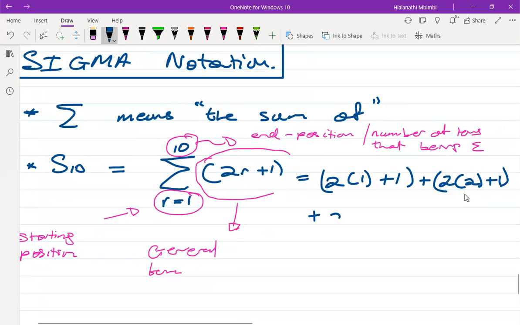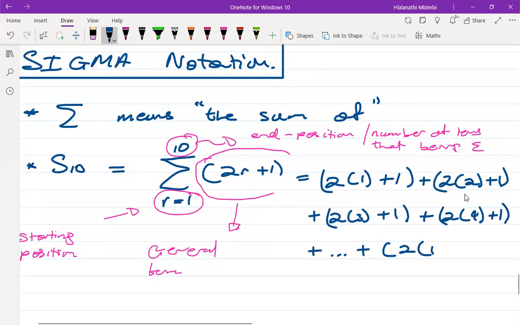At position number 3, what is the value? At position number 4, at position number 5, and so on. And then you'll be at the last one, at position number 10, what's the value? And you're basically summing all those things together.